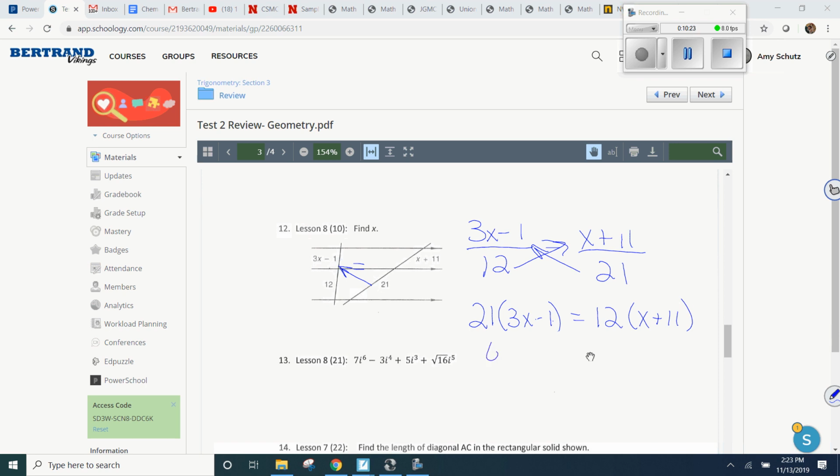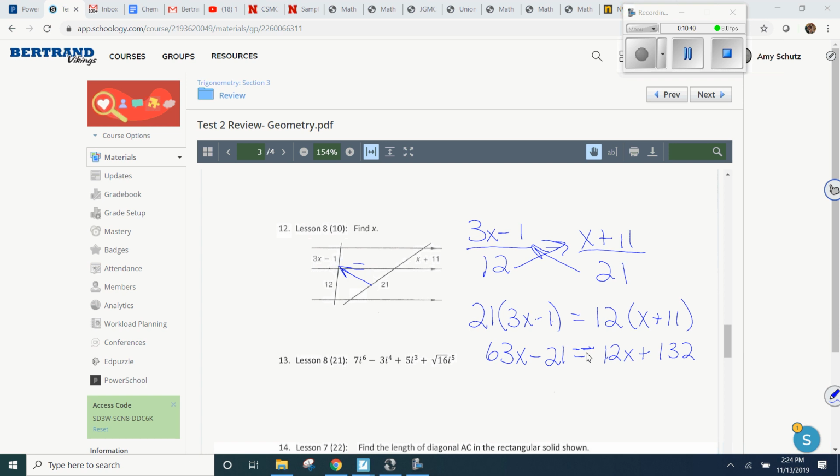21 times 3, 63x minus 21 is equal to 12x plus 132. Can you go from there? Okay.